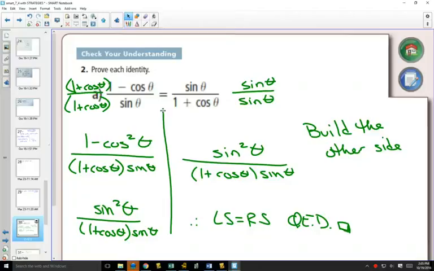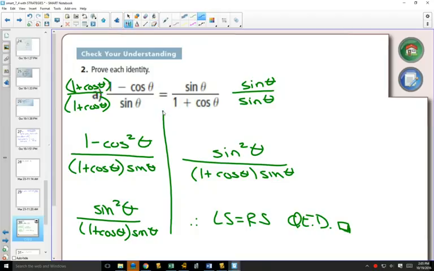Now, sometimes you'll see this strategy called multiply by the conjugate. Now, that was listed in our strategies as well. I'm going to show you what that means. So if we use this strategy, multiply by the conjugate.